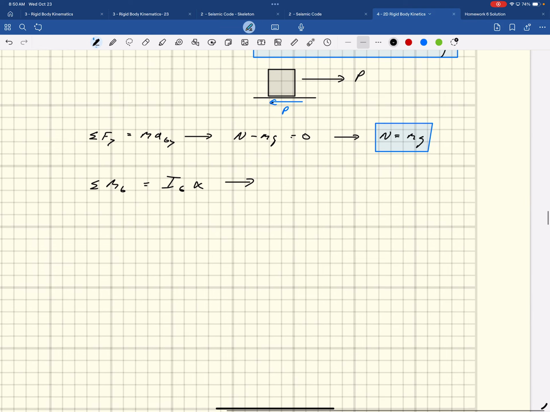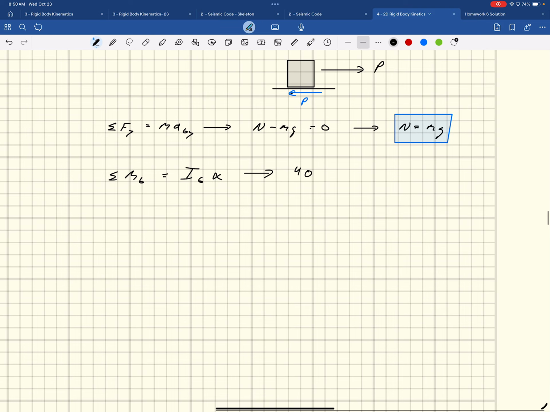So this would be 400 times 1, which is the moment arm there, minus the friction force times 1.5. The moment arm of the friction force is 1.5. And then that's equal to I times alpha, which is 75 alpha. And there's my additional equation.